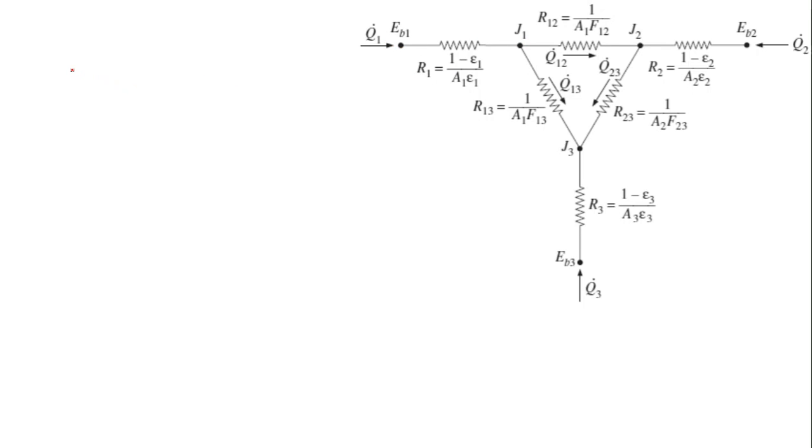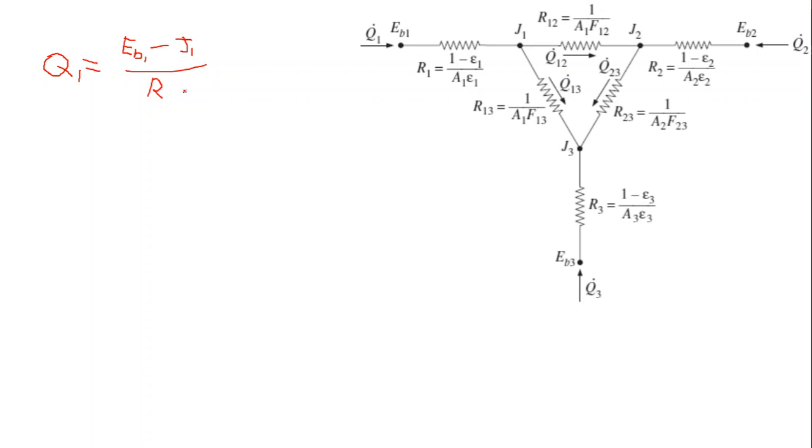Then the value of Q1 will be EB1 minus J1, divided by the resistance R1.